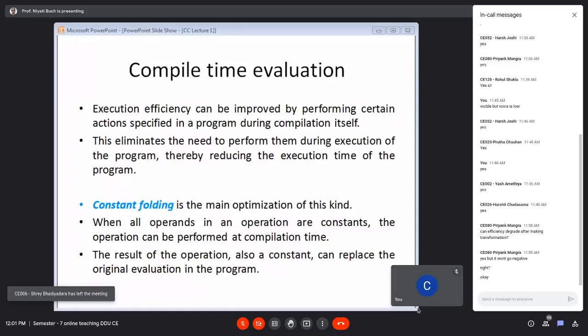So if something is not required to be performed during execution, but we are able to do it at compile time itself, then naturally the execution time of the program is going to reduce, right?